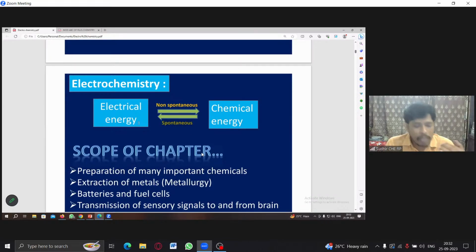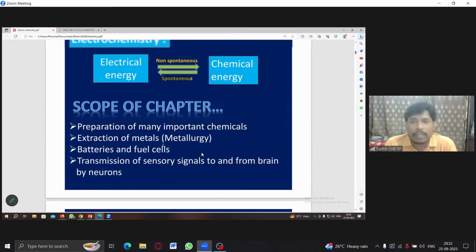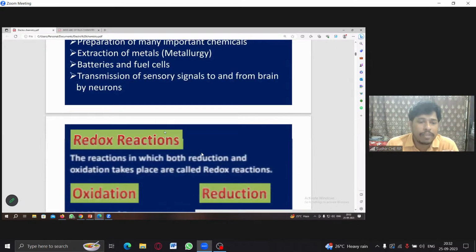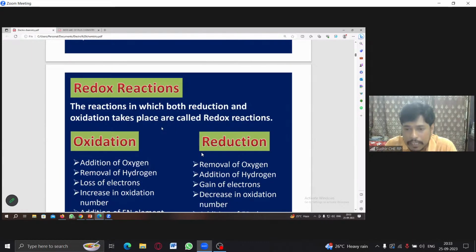So in order to have this type of internal conversion of energies, we need to understand without a doubt what non-spontaneous means and what spontaneous reactions mean. Here I'm using spontaneous and non-spontaneous reactions in general, but exactly speaking, we have to use spontaneous redox reactions and non-spontaneous redox reactions.